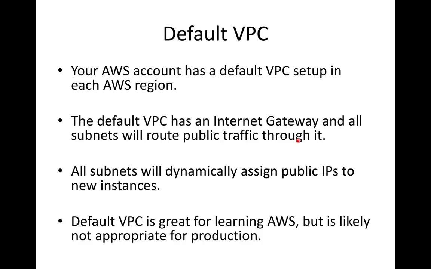That's why when you launch an EC2 instance, and you just select the default VPC and subnet setting, that EC2 instance is launched into the default VPC, and it automatically is given a public IP address, and you're able to shell into that EC2 instance remotely using its public IP address.